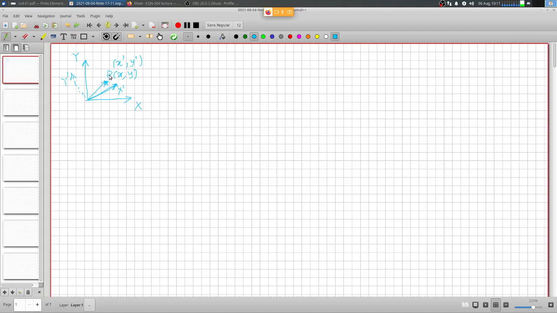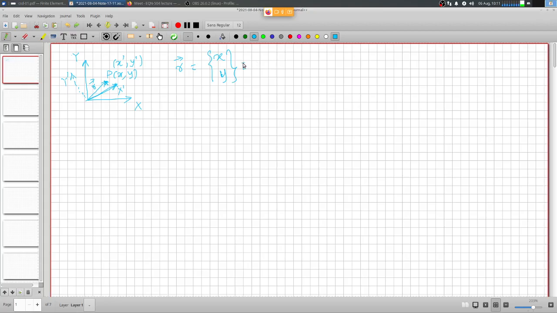So point P, this is the position vector, which I can write as position vector R. And position vector R is essentially x and y.